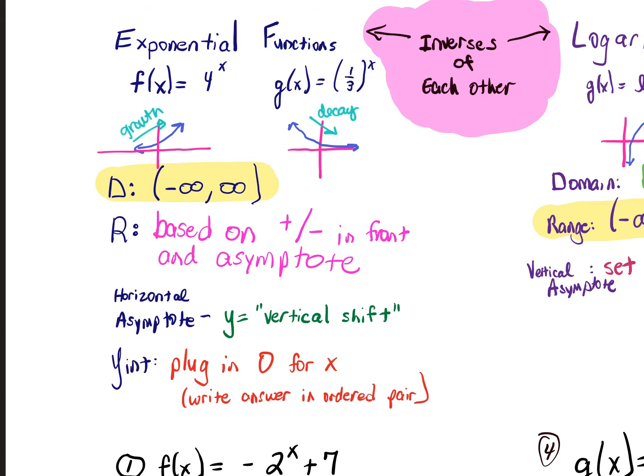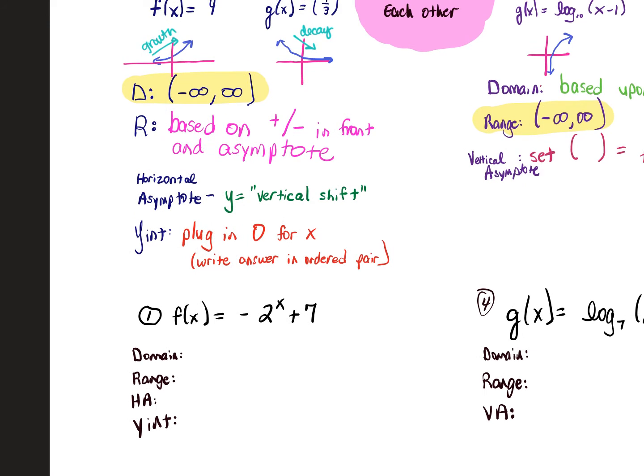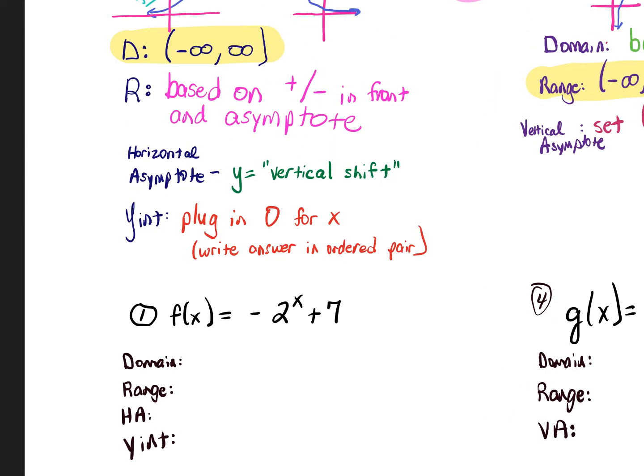Okay, so for example, for number 1, if we're working with an exponential function, we have f of x is equal to negative 2 to the power of x plus 7. That negative means that it flips. So this negative here flips your line. So normally it would look like this.